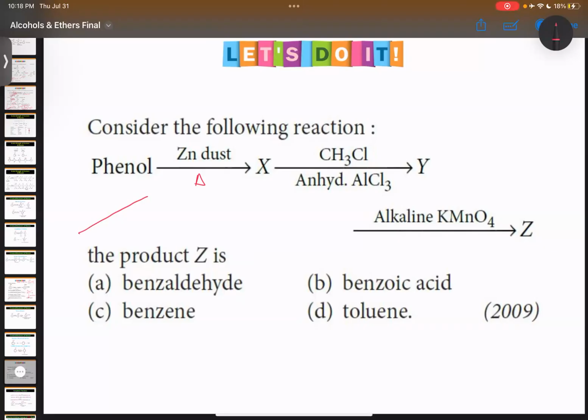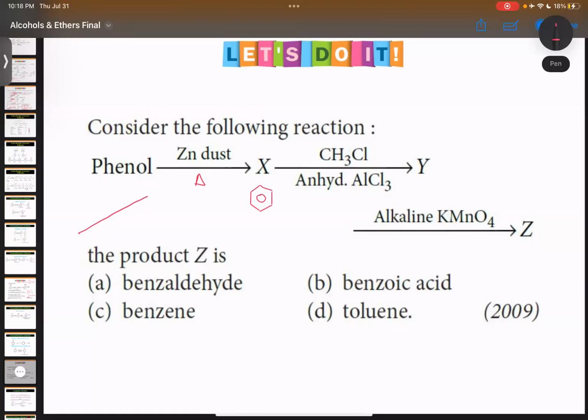Yeah, and then if we react with CH3Cl and aluminum chloride. This is so important because this is from class 11. So if we react it with those, what will we get?